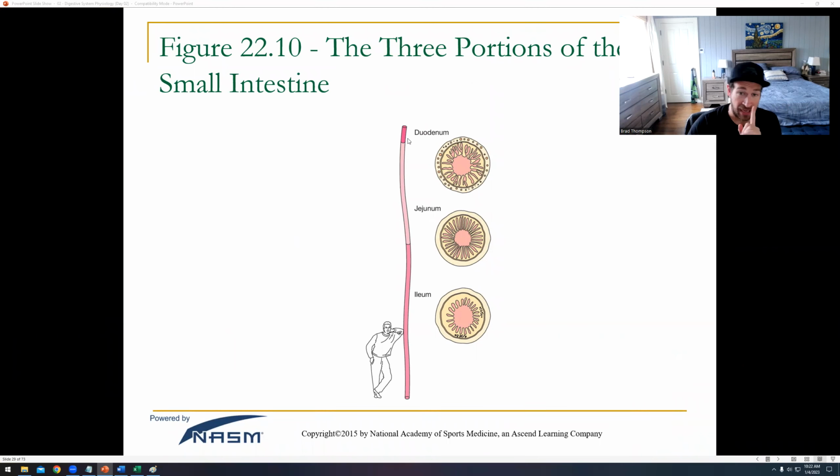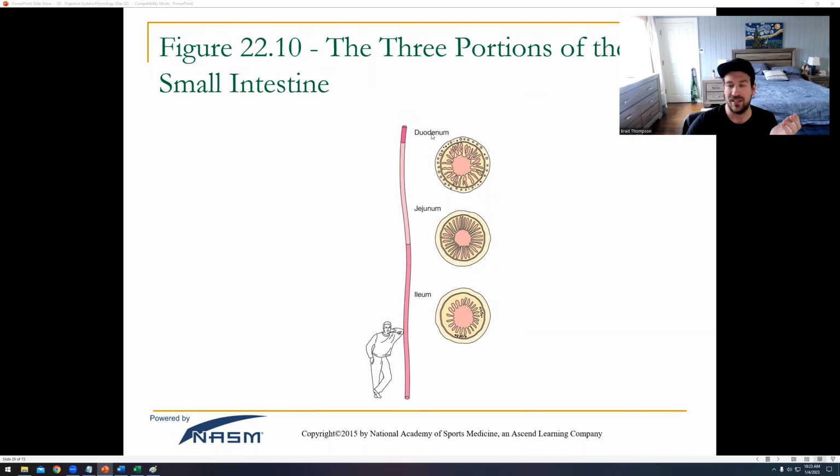That's the first section. Now, in the duodenum, a little bit of digestion does take place here, just a little bit. Your fats, for instance. Fats didn't get fully broken down, some of it in the mouth, maybe a little bit in the stomach, but for the most part fats are kind of left alone, because fats are actually super easy to break down.